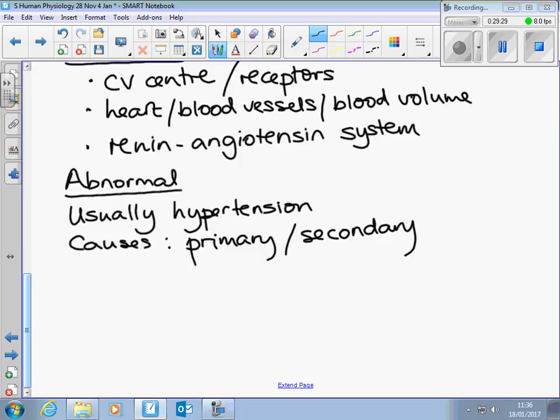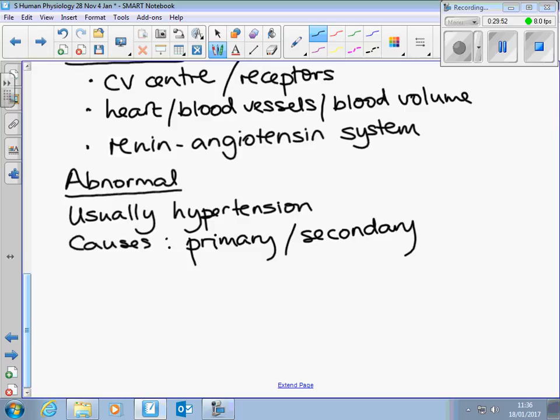Primary hypertension: about 90% of people with high blood pressure have what they call primary or essential hypertension. There's no other cause of it that's evident, but it can be lifestyle stuff, things like smoking and obesity and alcohol and lack of exercise and diet and all the usual stuff.